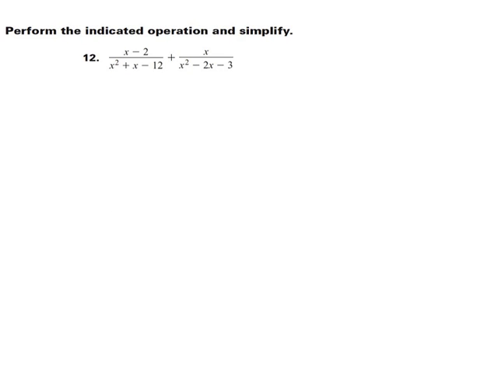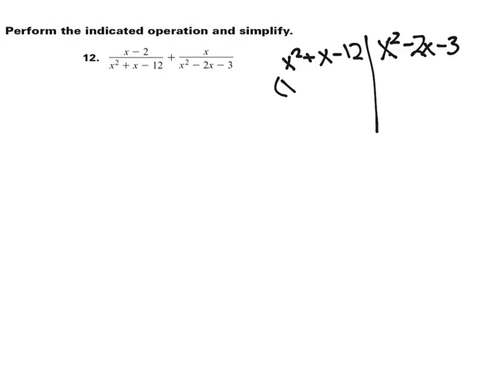Last one here, okay? Got to find our least common denominator. So I need a factor. This one, which will be x minus 3, x plus 4. Factor x squared minus 2x minus 3, and it'll be x minus 3, x plus 1.